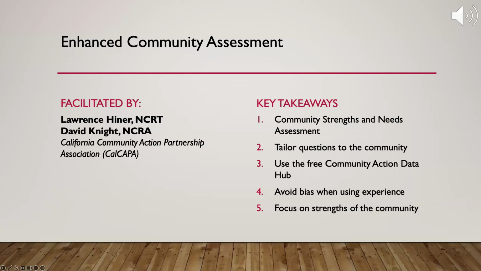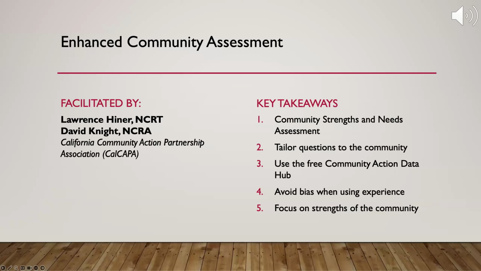David Knight made a really interesting point about bias. He said, we all strive for objectivity, but we also have to leverage our existing knowledge and experience. That's true. We can't just ignore what we already know. We have that unique understanding of our communities as community action professionals.